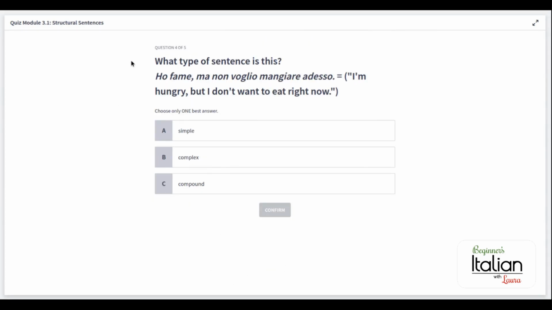Number 4, what type of sentence is this? Ho fame, ma non voglio mangiare adesso. I'm hungry, but I don't want to eat right now. Choose only one best answer. A, simple, B, complex, or C, compound.